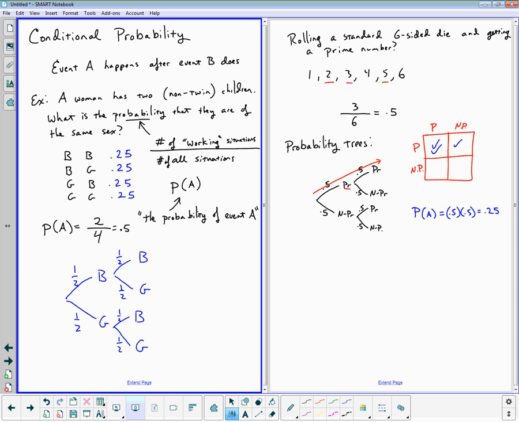the 2 possible scenarios are boy-boy or girl-girl. So that is 1/2 times 1/2. And these others, of course, are 1/2 times 1/2.